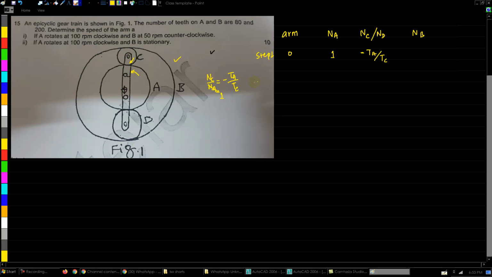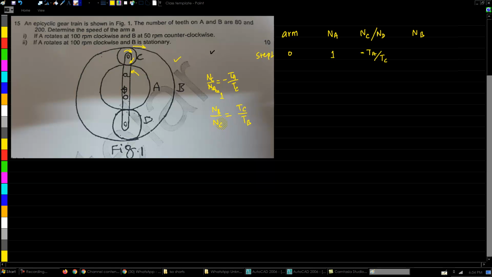The same way we'll build up the equation for NB, and NB is meshing with NC. So the relation between them will be TC by TB, and there won't be a negative sign here because they are meshing internally. If this one is rotating clockwise, the external annular wheel will also rotate clockwise. Hence we are not taking a negative sign here.